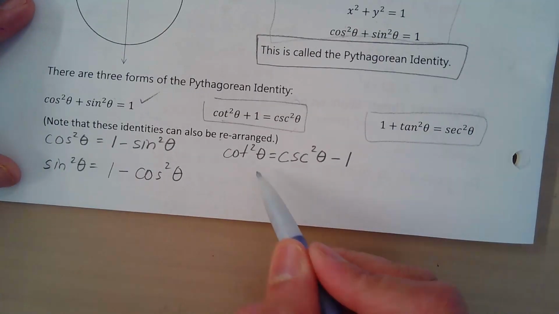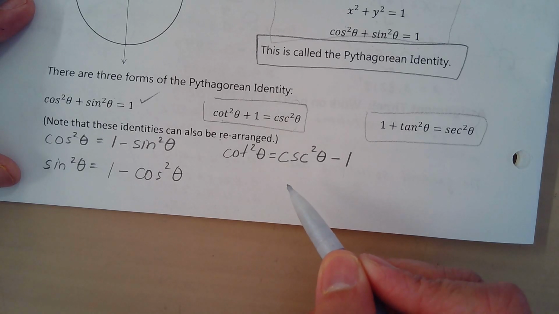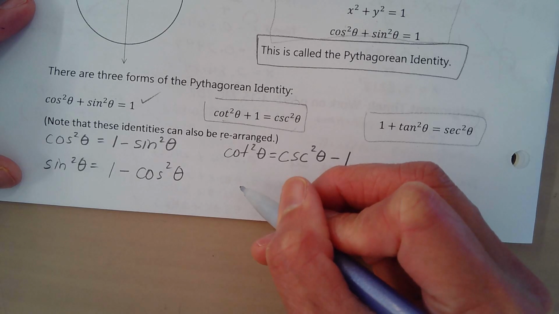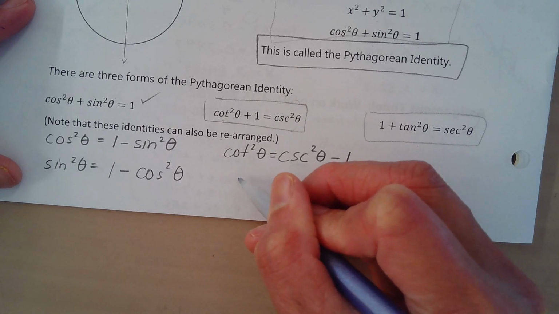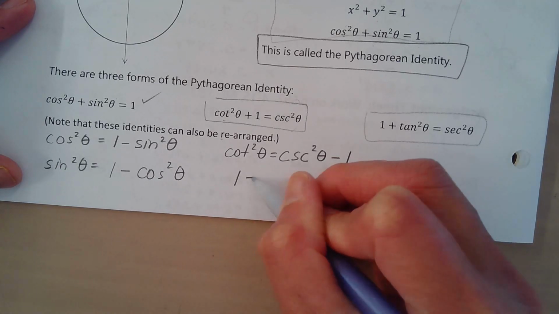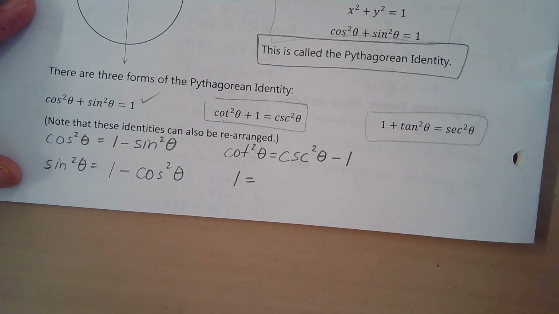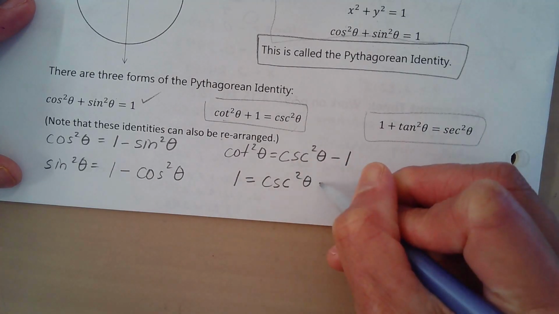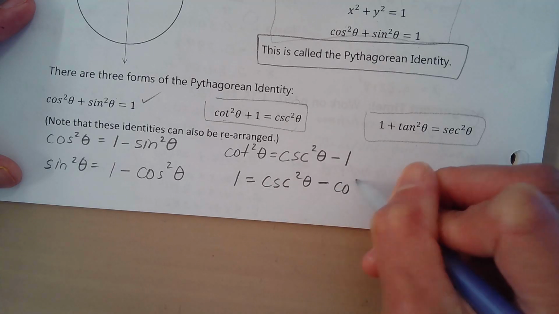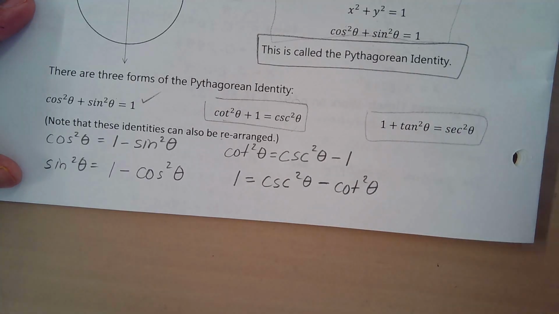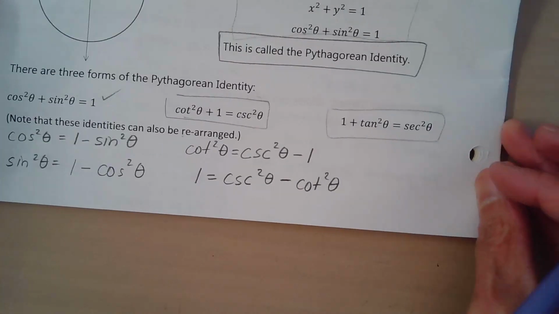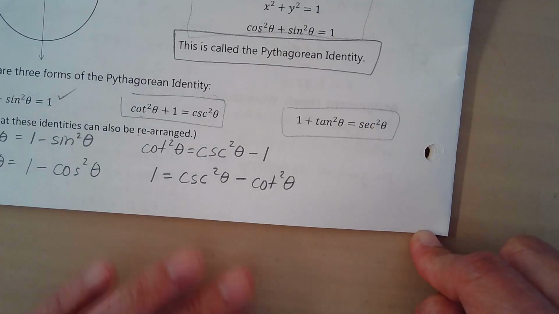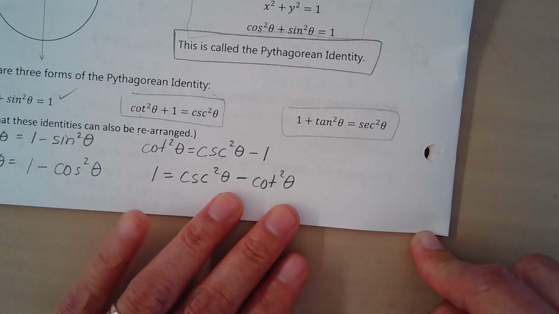What's the other one? Say it again. 1 is equal to cosecant squared theta minus cotangent squared theta. Okay. Can you write the other two versions of this? Go ahead and write the other two versions of that one.